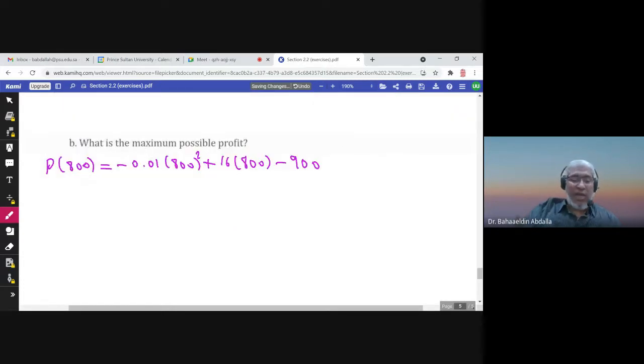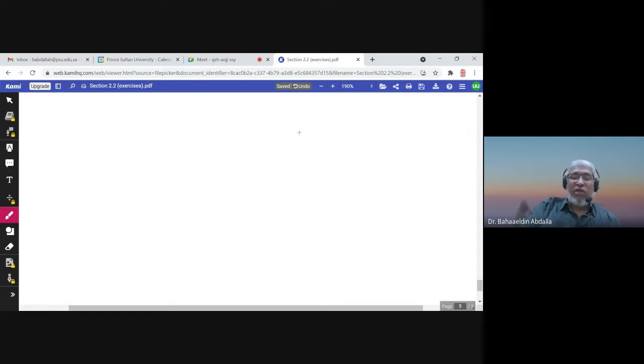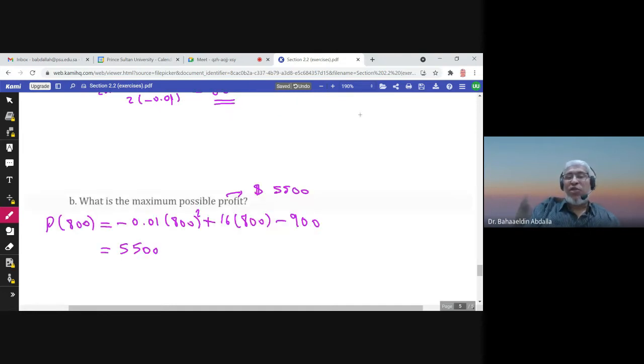We can use the calculator to find this maximum profit. So plus 16 times 800 minus 900. The answer is 5,500. So the maximum possible profit is $5,500. This was the last question.